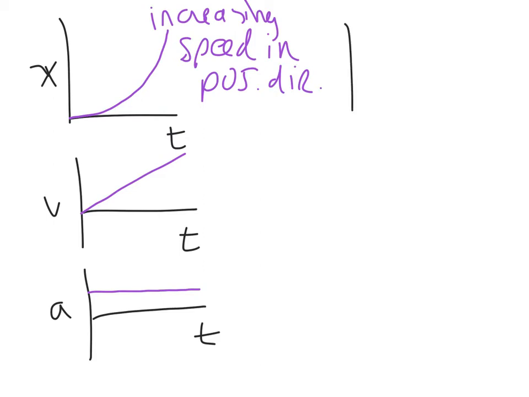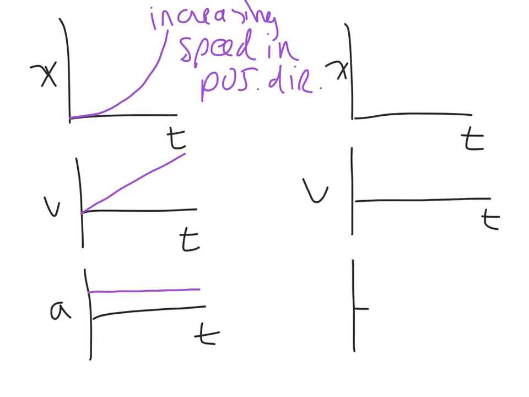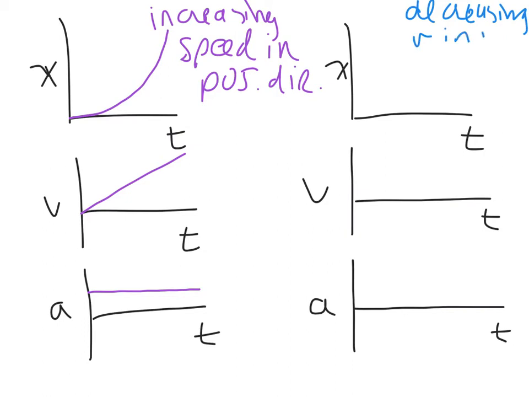Our next case, so let's draw again the three graphs. Will be decreasing speed in positive direction. So decreasing speed in the positive direction, my slopes have to be positive and they have to be getting shallower. So my position time graph will look like that.